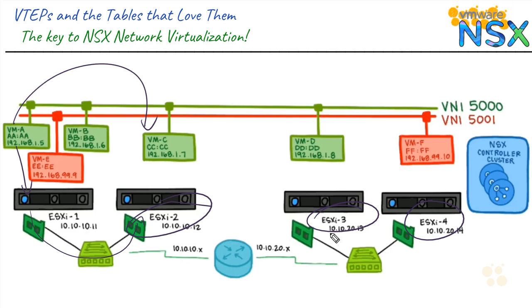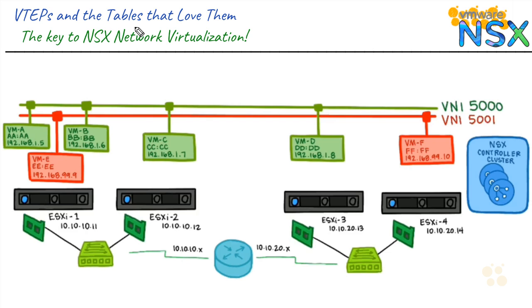The way that our hosts will know is because of a set of tables that define the linkages between our virtual machines and the VTEPs that are supporting those virtual machines. There are three key tables that are held on each ESXi host and are also going to be found in our controller cluster if we define one. They are the ARP table, the MAC table, and the VTEP table.